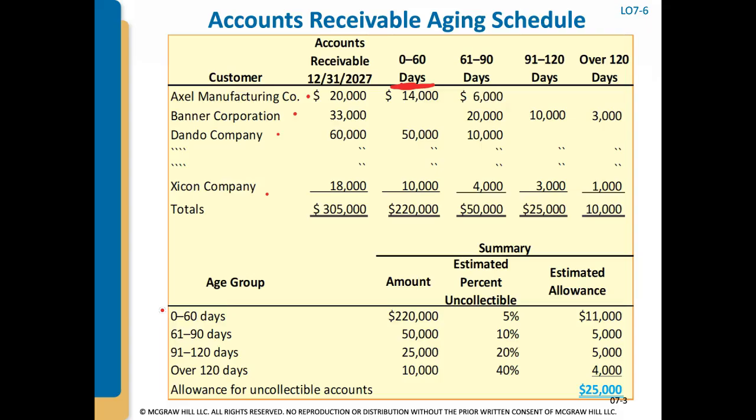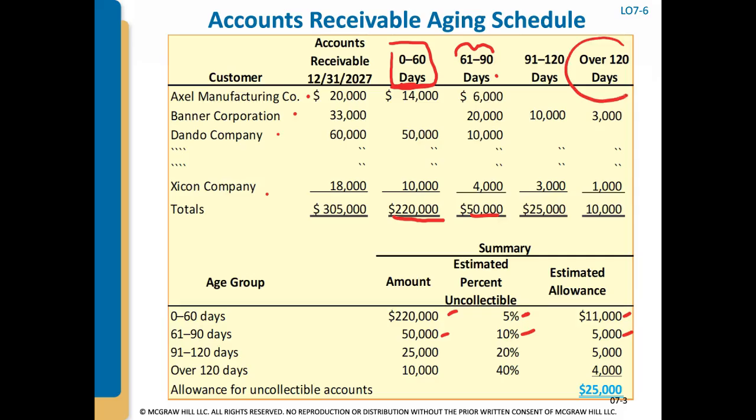So in this example, they looked at their accounts receivable outstanding for the last 2 months, and they said, we have $220,000, and we think only 5% of that will not be collectible, so that's $11,000. And then we look at 61 to 90 days, the accounts receivable that have been outstanding or not collected, and it's $50,000, and we think there's a 10% chance that won't be collected, and so on and so forth.